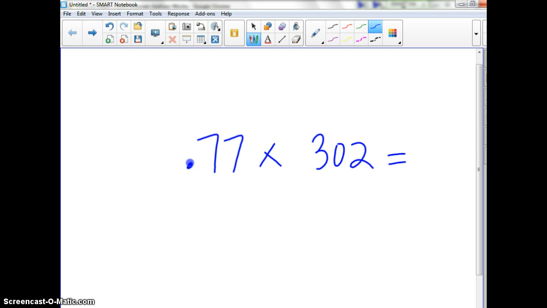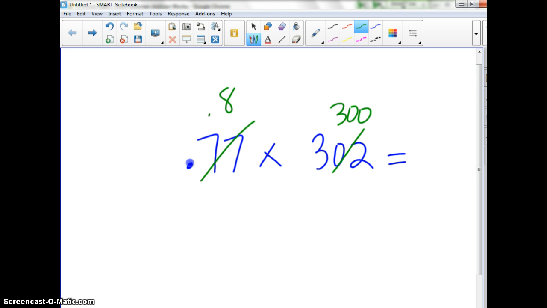Today's secret password is Roadrunner. Darius is going to help me out with the first problem. 302 gets changed to 300, he says. 0.8 or 0.80, doesn't matter. Whatever you did is fine.